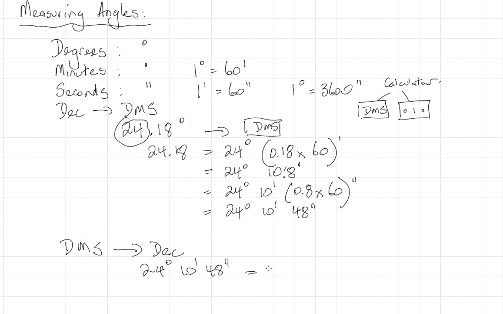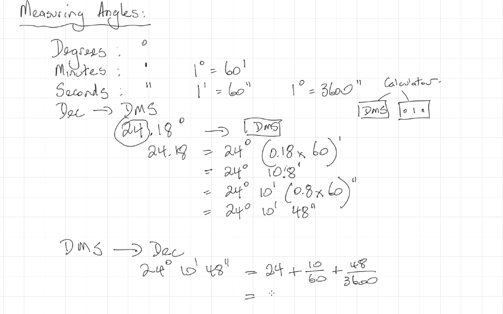It'll be 24 plus 10 divided by 60, and that will be as a decimal. We work that out as a decimal and add it onto that to find out what contribution those 10 minutes make. And then plus, now there are 3,600 of those, so 48 over 3,600.